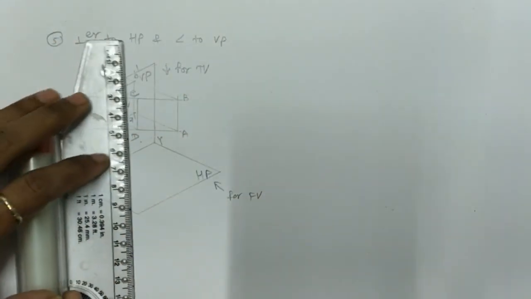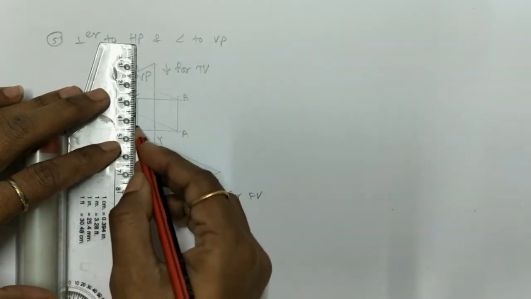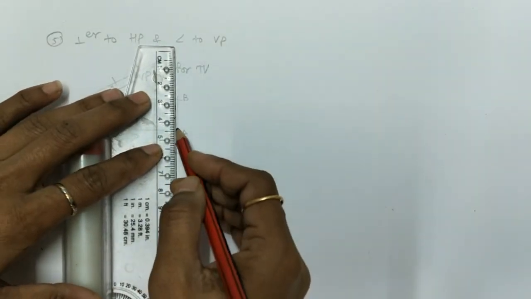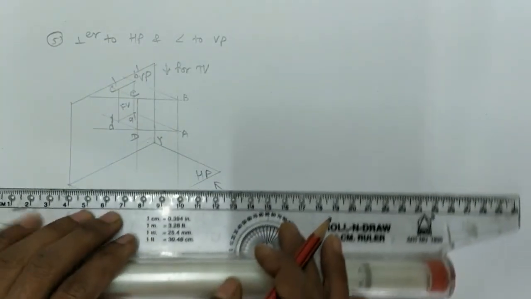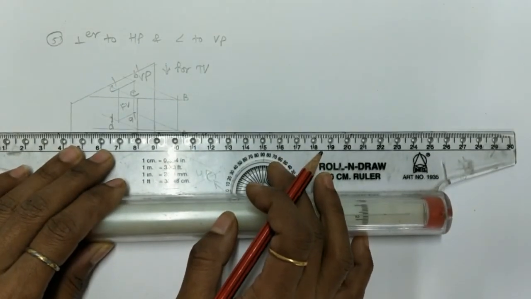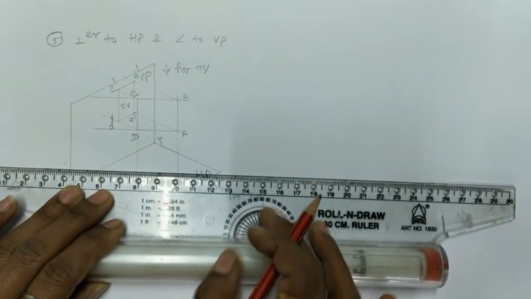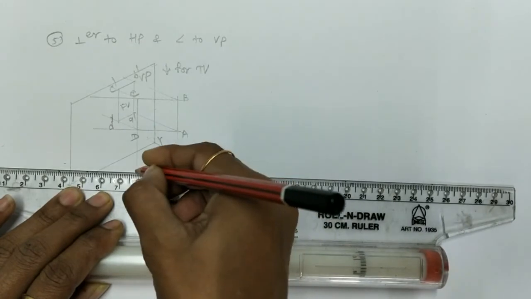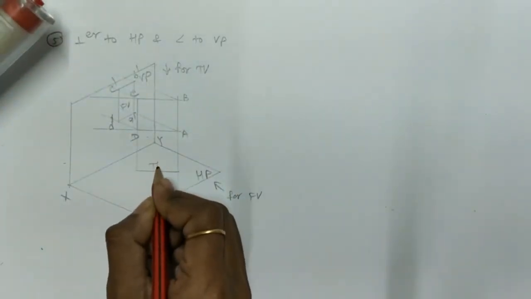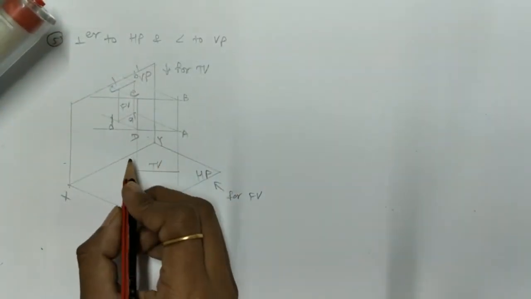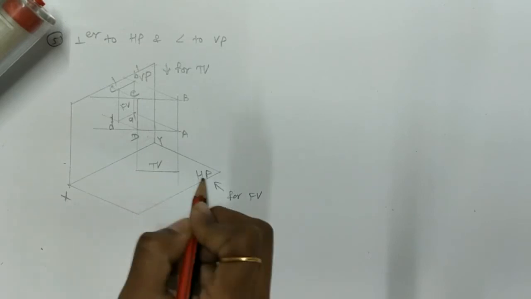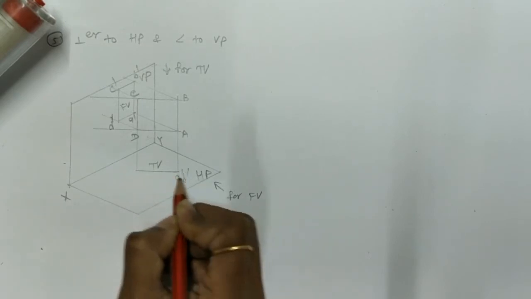And for top view, take projections from plane, and top view is a straight line. So this is top view having points A dash, B dash and C dash D dash.